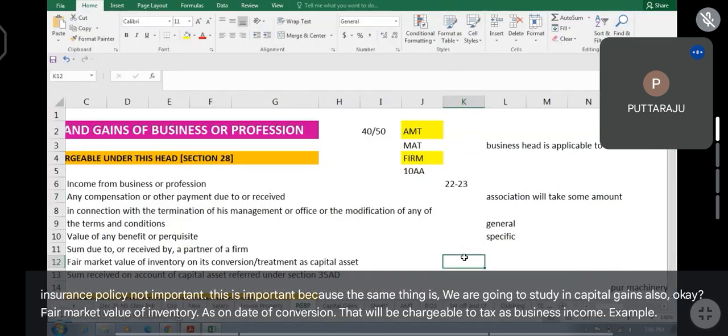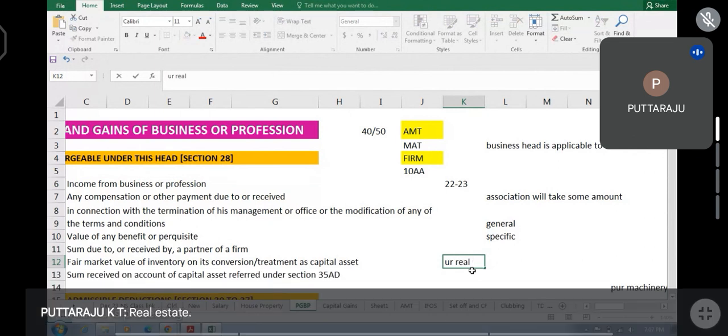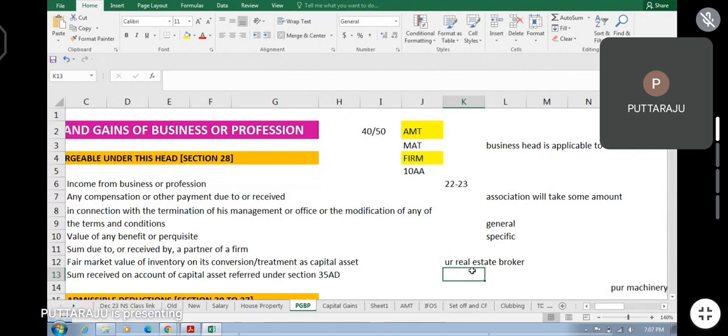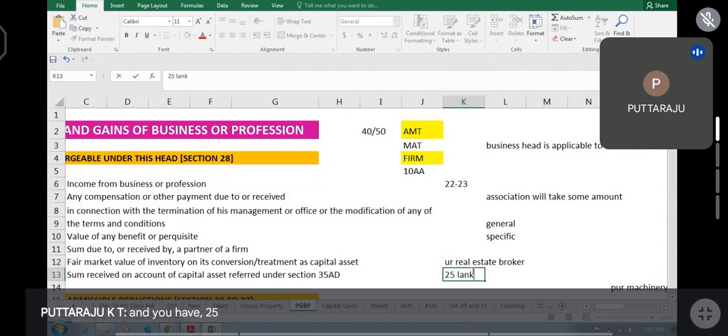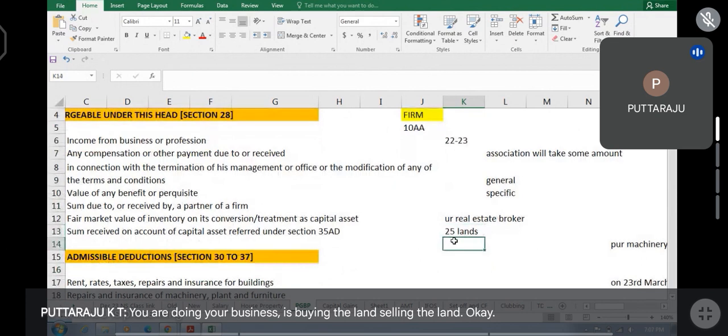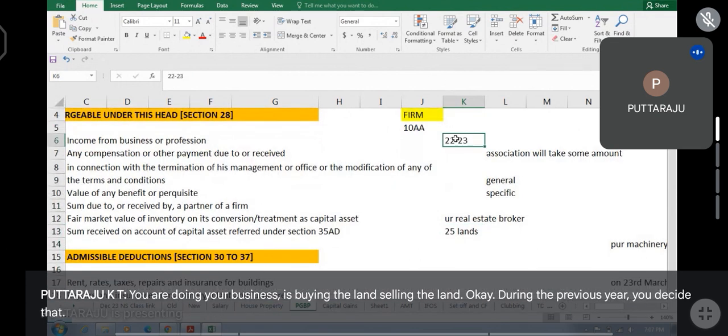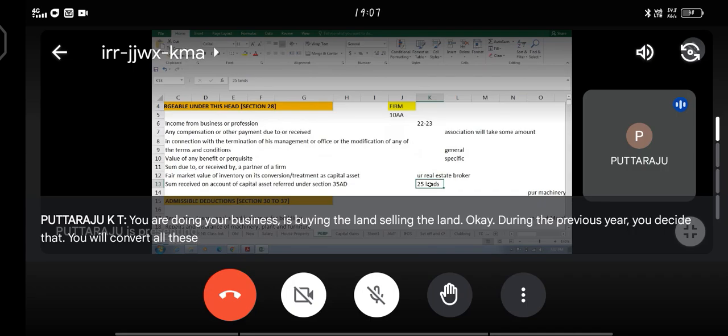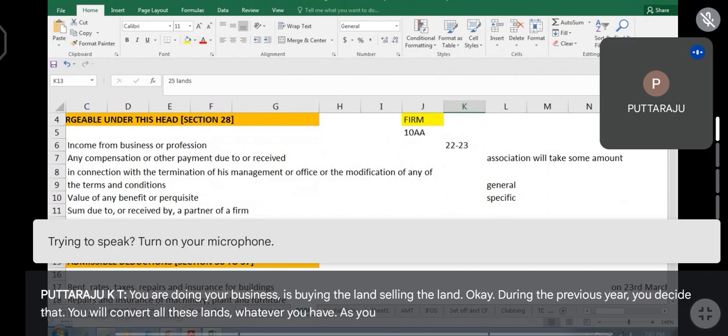Example, you are a real estate broker and you have 25 lands. Your business is buying the land, selling the land. During the year, you decide that you will convert all these lands, whatever you have, into your capital asset.